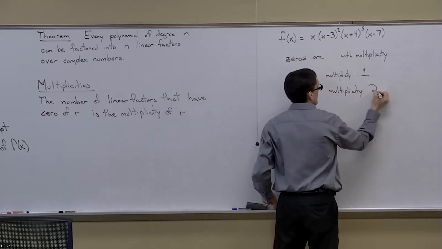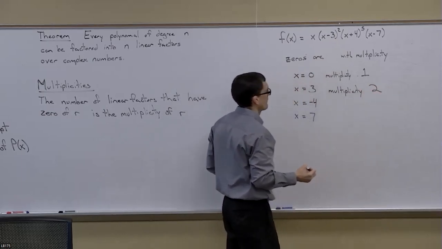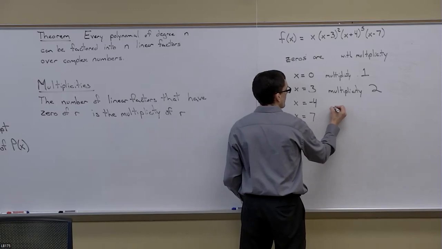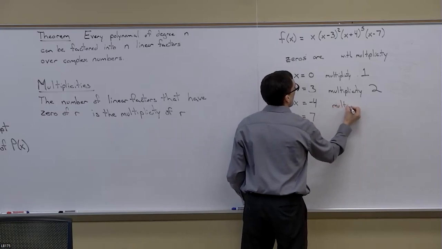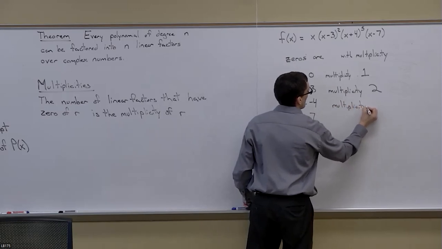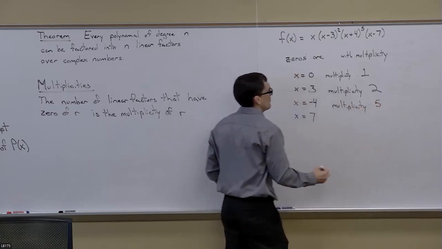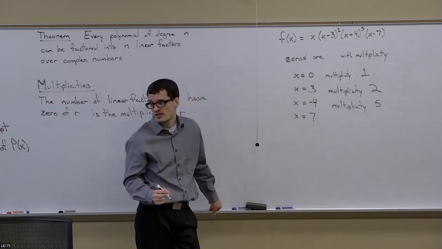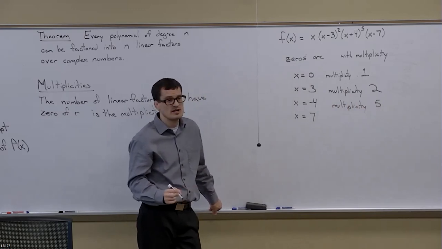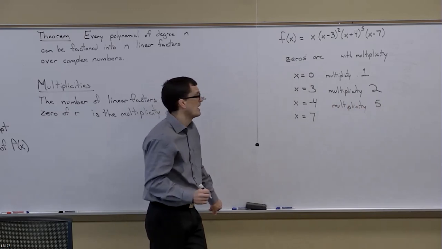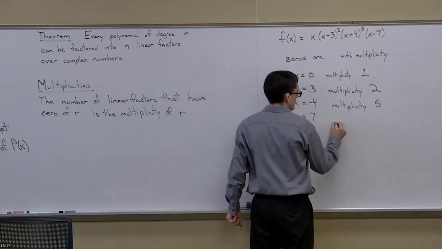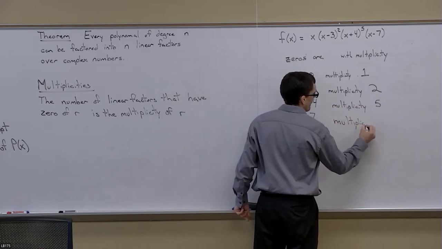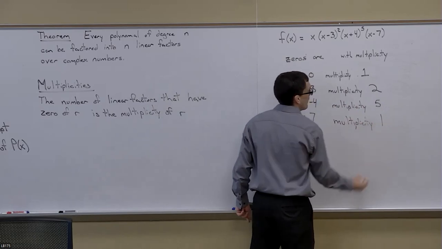So the root 3 has multiplicity 2. Multiplicity of the negative 4 is 5 because there's 5 copies of that x plus 4 factor. And x equals 7 has multiplicity of 1.